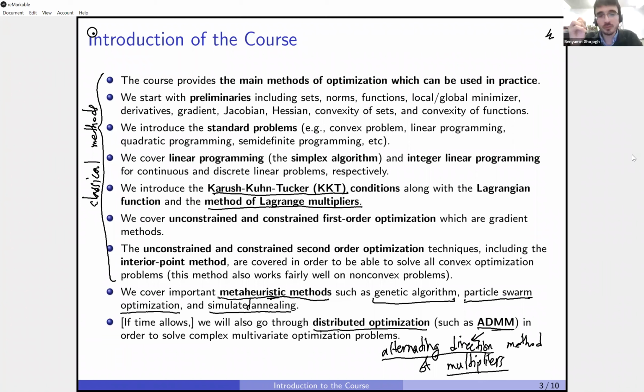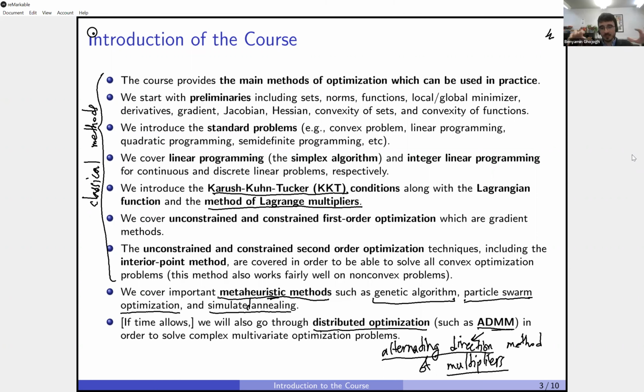Its idea is very similar to federated learning. I don't expect you to know what federated learning is. Federated learning is a concept in machine learning. It's just for your knowledge that I'm saying that. Federated learning says that assume I have a neural network or something which learns. It has some parameters which are learnable. We want to learn the parameters.